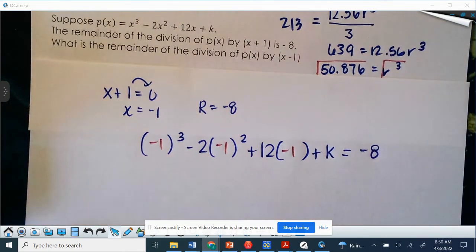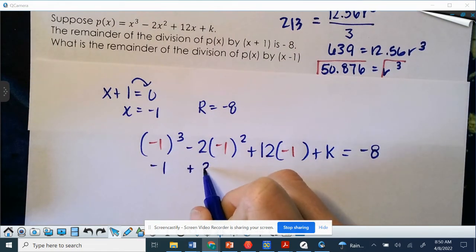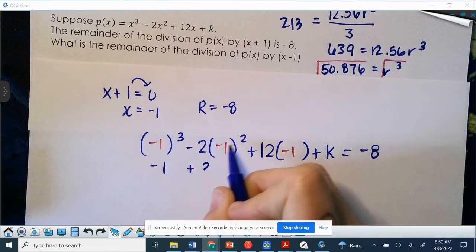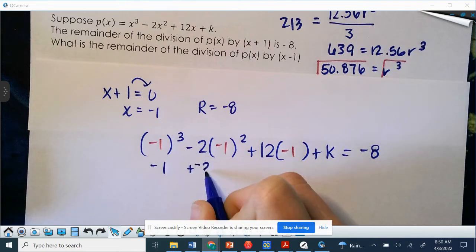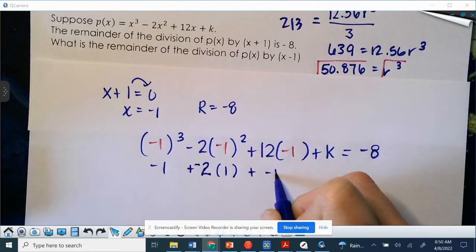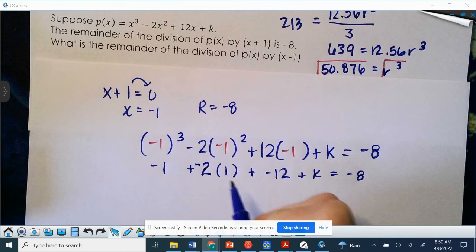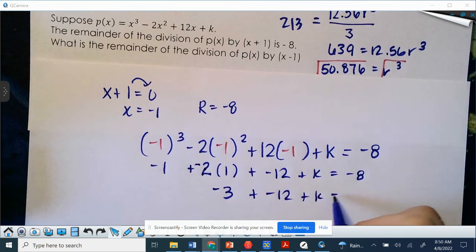That's -1 plus -2 times 1 plus -12 plus k. So -1 plus -2 is -3, plus -12 plus k equals -8. I'm overwriting: -15 plus k equals -8.